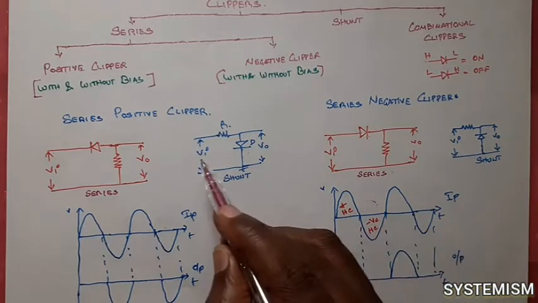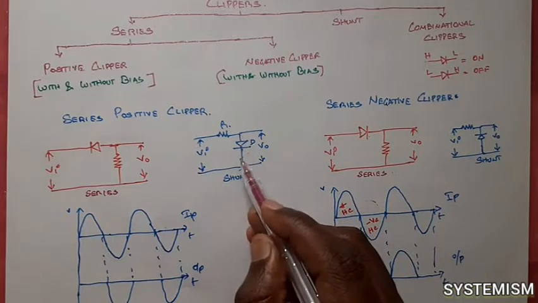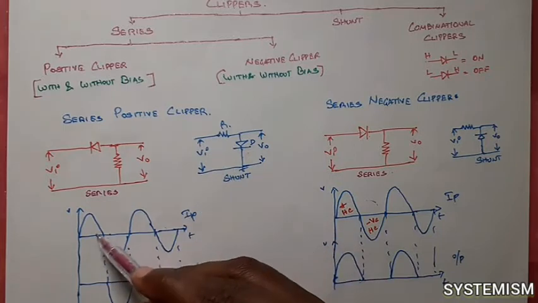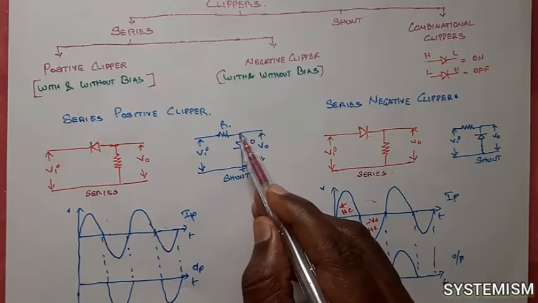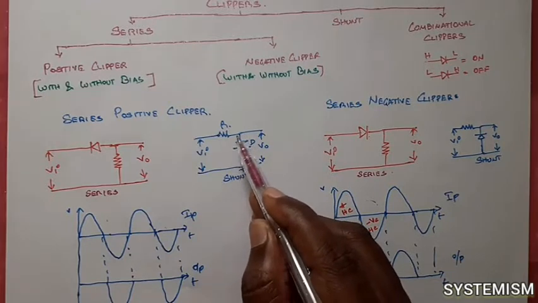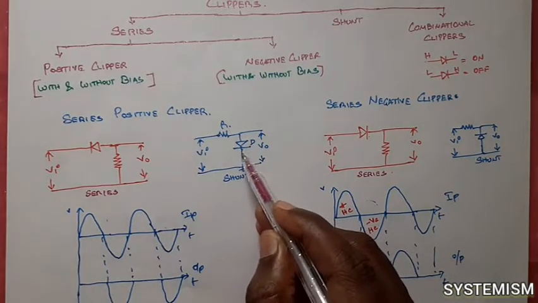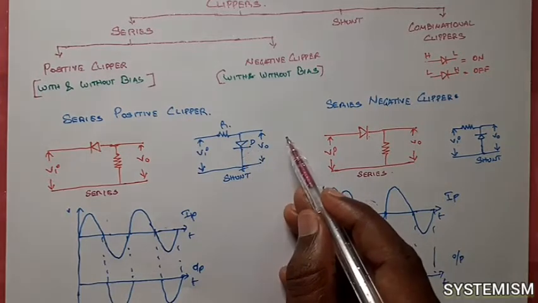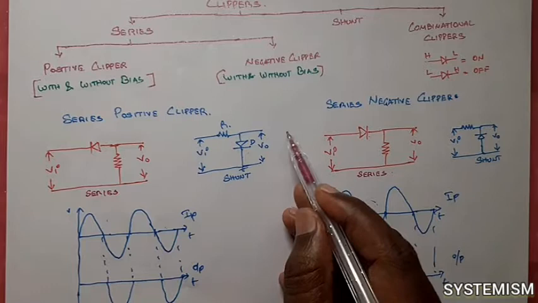Okay, the same way here also for the shunt clipper. If positive values are coming here, here positive and here 0, this diode is now in the on condition. If it is on, it will make all the signals get grounded and no signal will be available in the output.